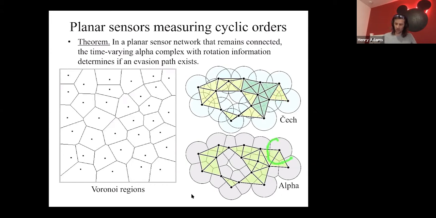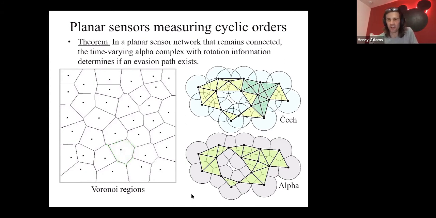Take the balls that determine each sensor, but intersect the ball with what is called the Voronoi region, okay? So if I have a collection of sensor locations, the Voronoi regions are just the points in the plane that are closer to that particular sensor than to any other sensor. So for this sensor, it has this Voronoi region, which is all points in the plane that are closest to that sensor than to any other sensor.